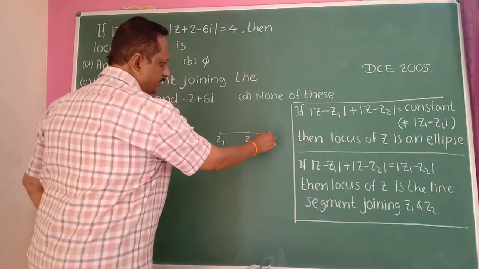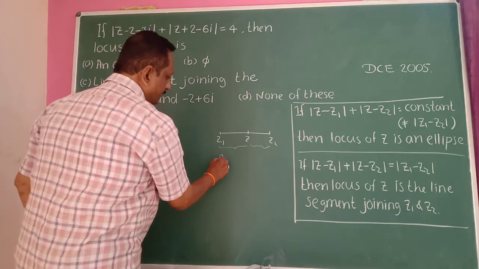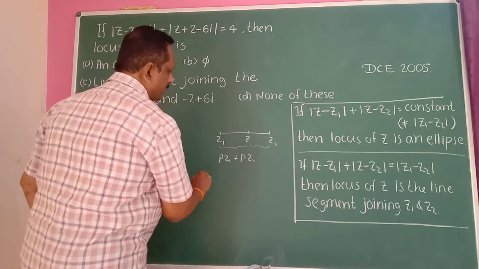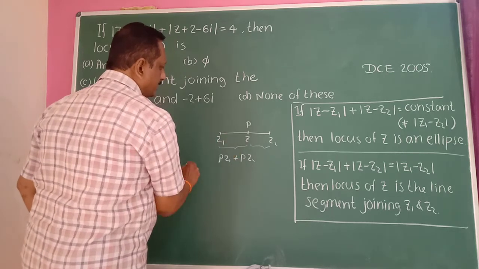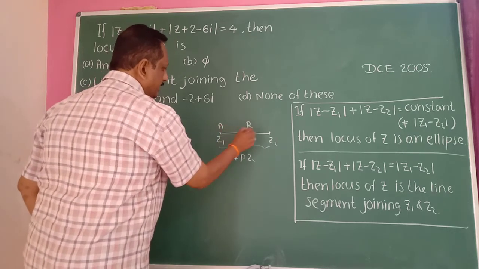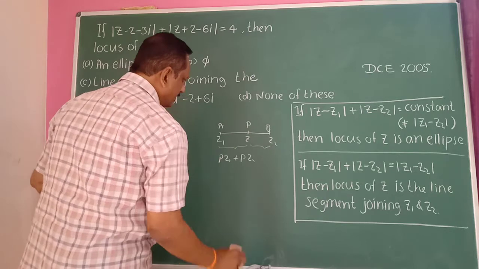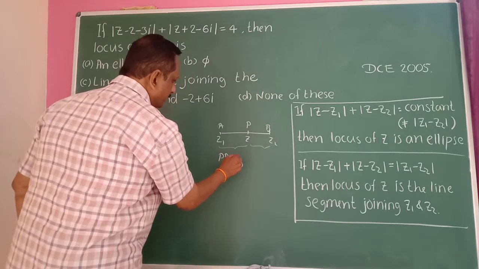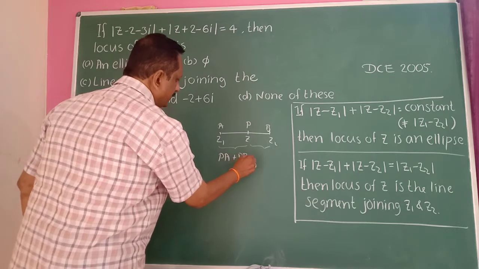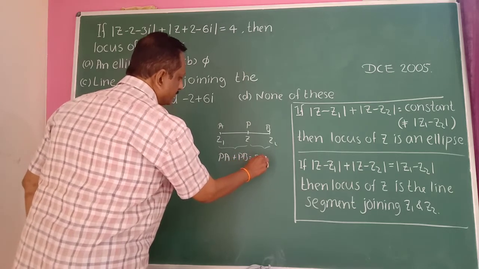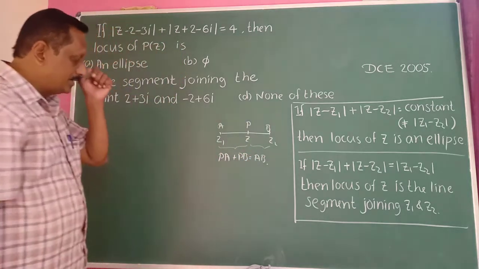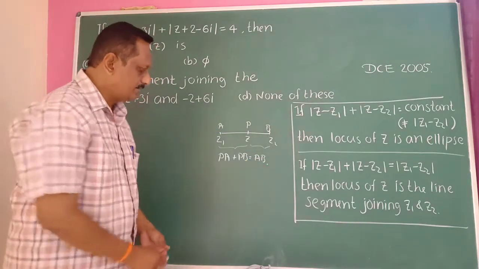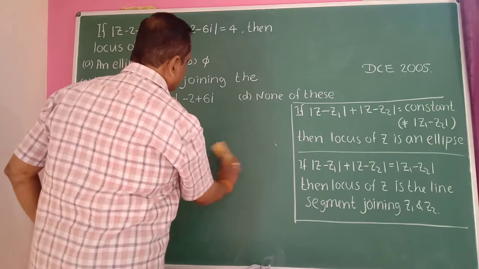Hence PZ1 plus PZ2. Take this point as P, and these points as A and B. Then PA plus PB is equal to AB. If this condition is satisfied, then the points lie on the straight line.